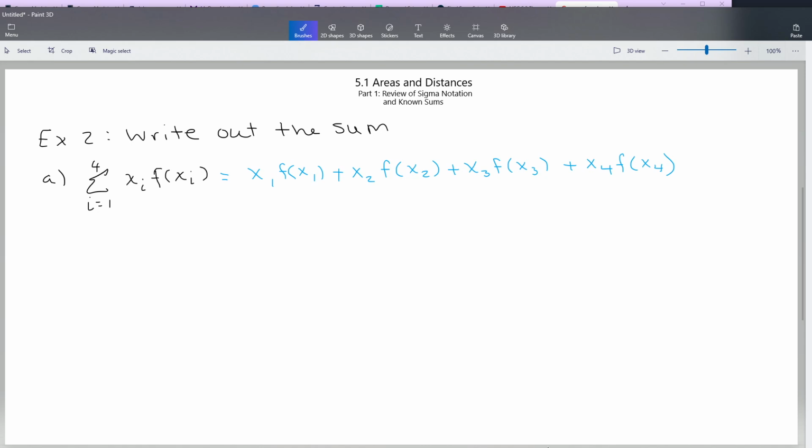Okay, let's look at one more example, which is pretty much exactly the sum that we're going to be looking at in class the most.